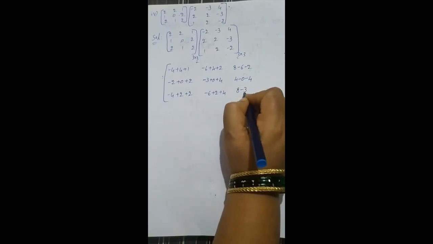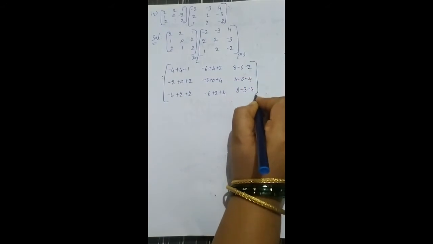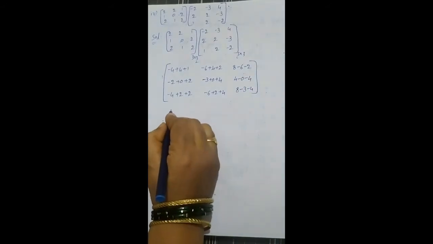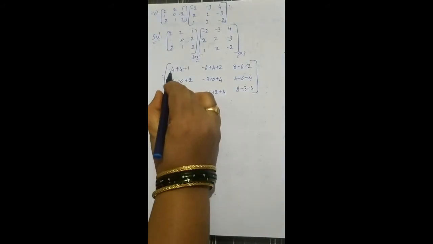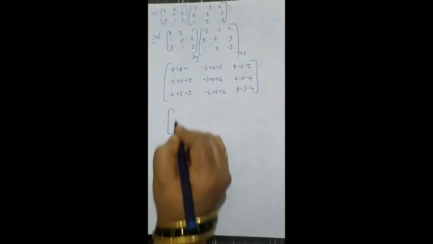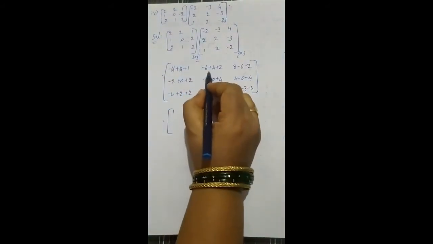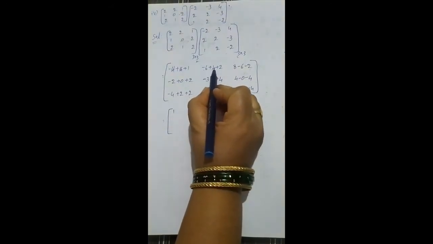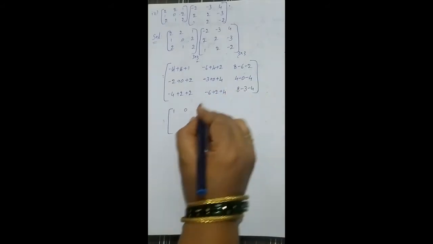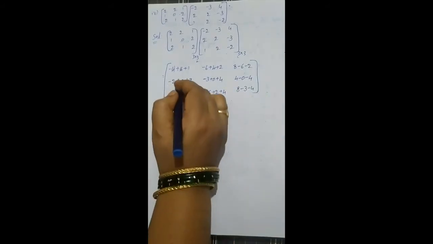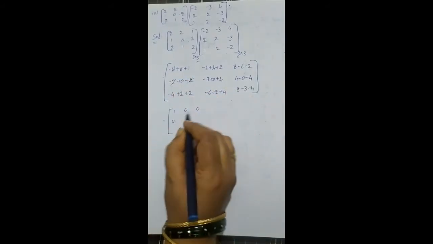8 minus 3 minus 4. That is equal to, minus 4 plus 4 get cancelled, then 1. Minus 6 plus 6, 0. 8 minus 8, 0. Plus 2 minus 2 get cancelled, and 0.